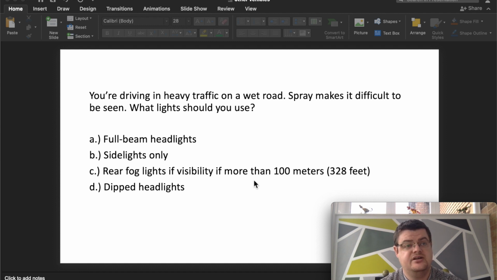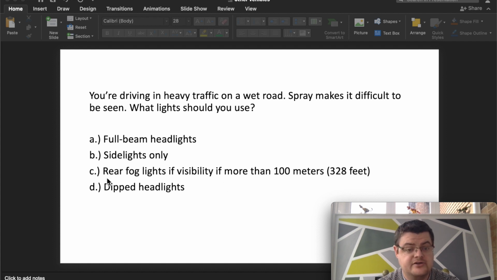100 metres, basically, an average car is 4 metres long, so 100 metres is 25 car lengths. So they're saying if visibility is more than 25 car lengths, then you should turn on your fog lights. So if you could see miles and miles down the road, it's saying turn on your fog lights. That doesn't seem to make sense.